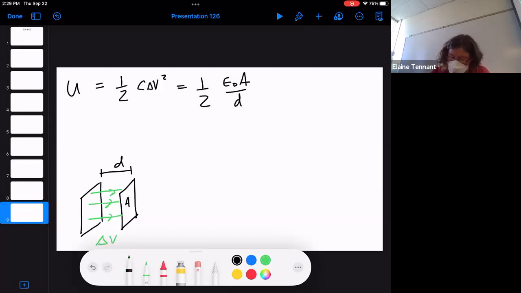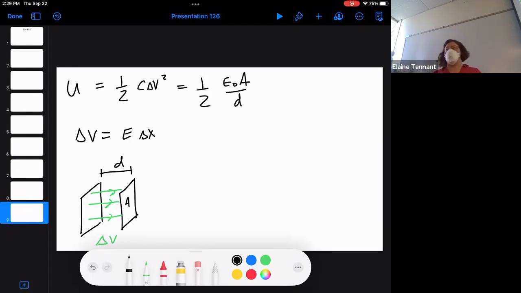That's why that needs to be a delta there. That is equal to the electric field multiplied by the distance it's spread out over. Is that okay? And what is the distance this electric field is spread out over? It's D, right? The distance between the plates.